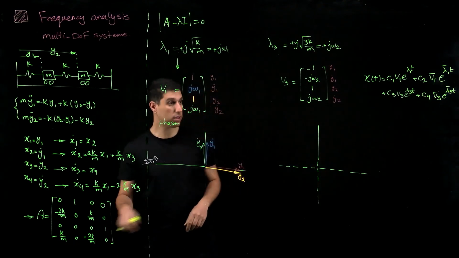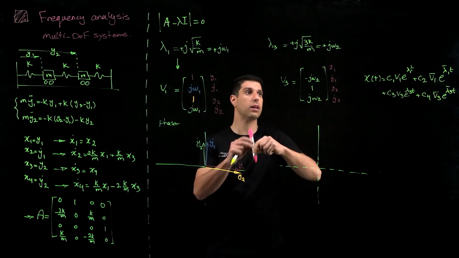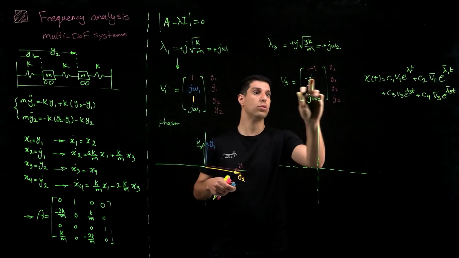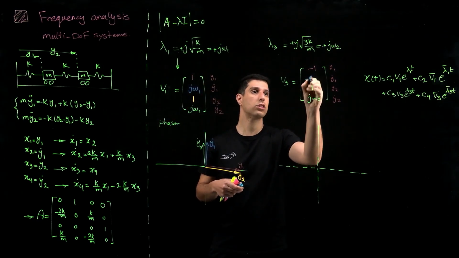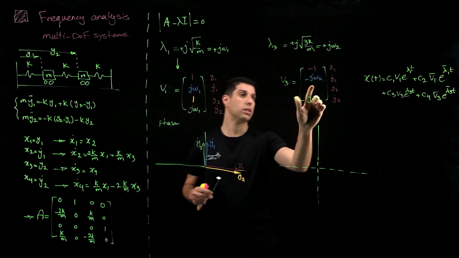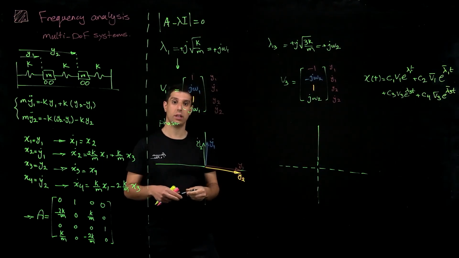These are my axes. So let's plot them again. This one is red, minus j omega 1. This one is blue, minus j omega 2. This one is orange, and that one is whatever color it is.